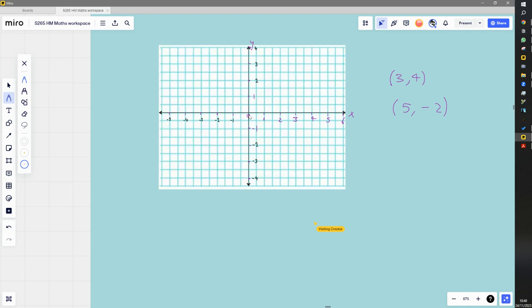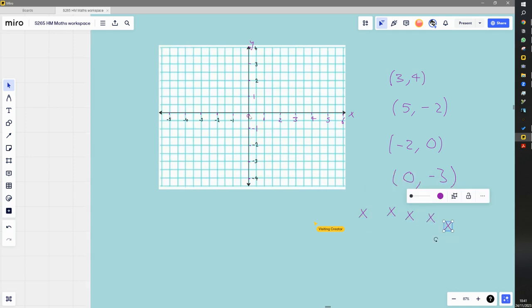And then we'll do minus 2, 0, and we'll do 0, minus 3. I'll give you some crosses so that you'd be able to move them. I want you to move those crosses to the correct area, and then I also want you to label the crosses with the coordinates that I just said.